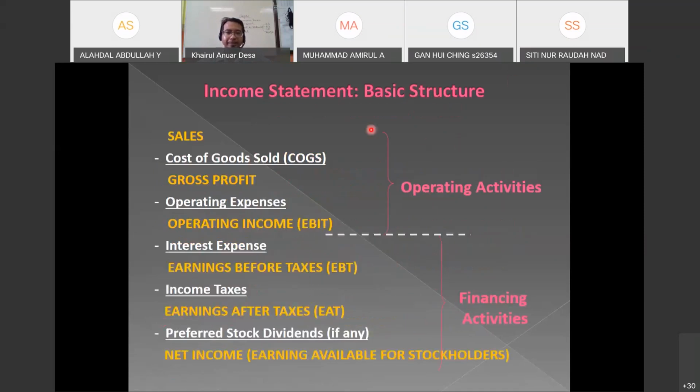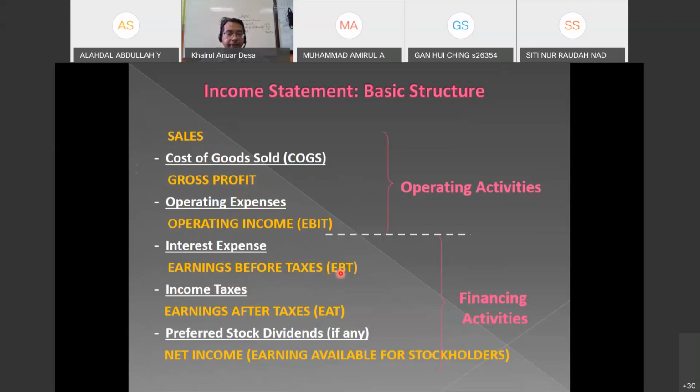So this is the basic structure of the income statement. Start with the sales minus cost. This is the minus of cost of goods sold. Kita akan dapat gross profit, and after gross profit, you must minus the operating expenses and interest expense.